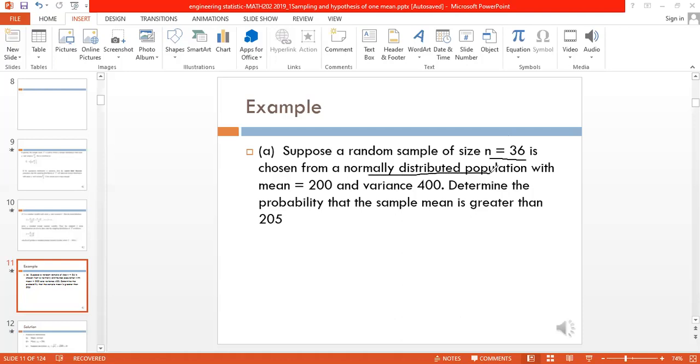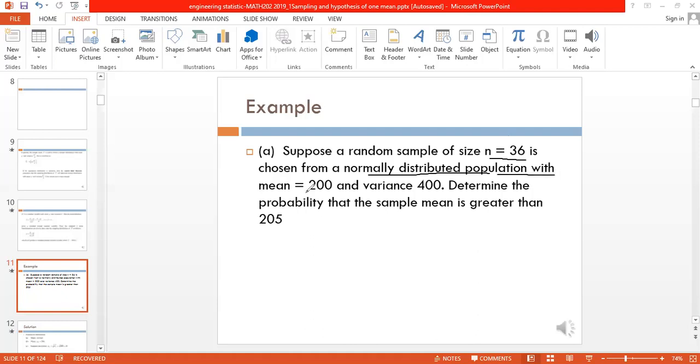So it means the sample is from a normally distributed population, which means that the sample mean is also going to be normally distributed.